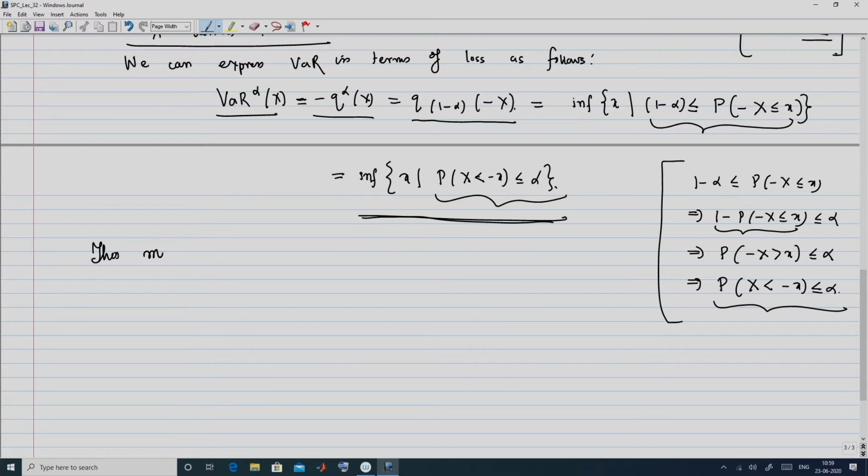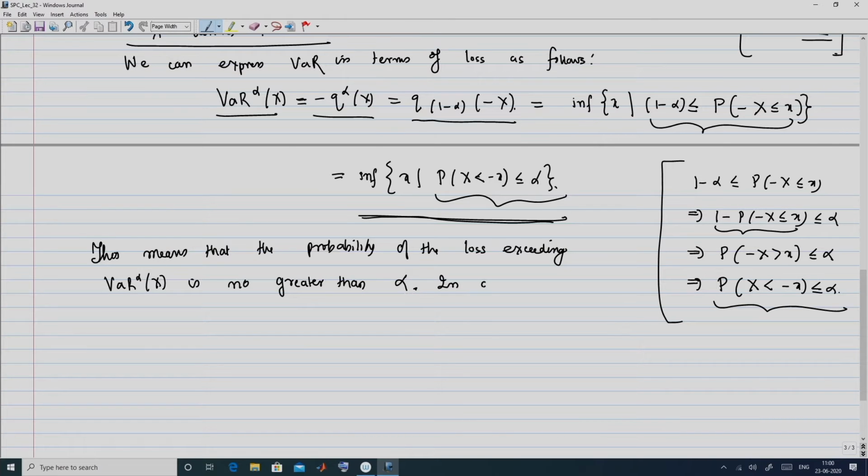We can state that this means that the probability of the loss exceeding VaR of x is no greater than alpha, or in other words, at the confidence level (1 minus alpha), our loss is no worse than VaR alpha of x.